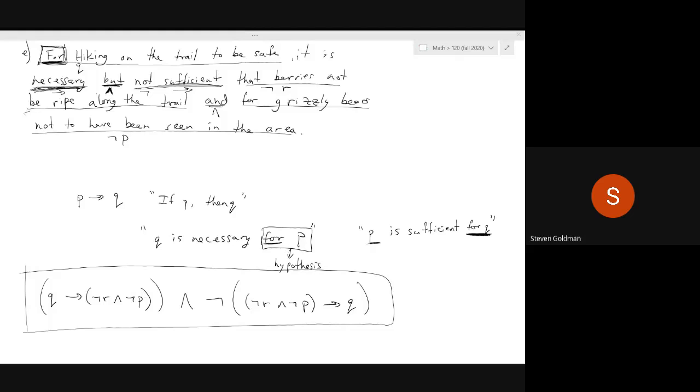Any other questions on that example? All right, let's move on to the next requested problem here.